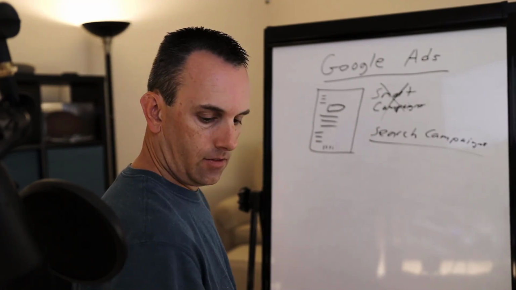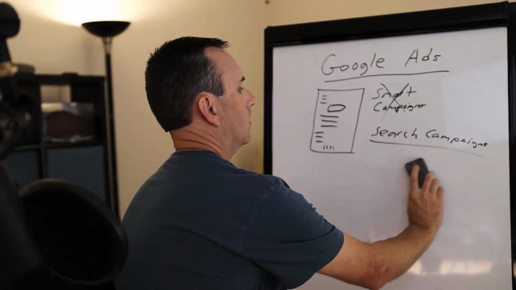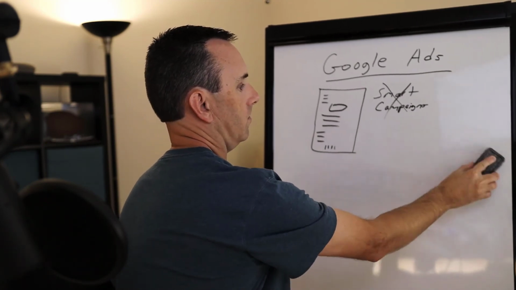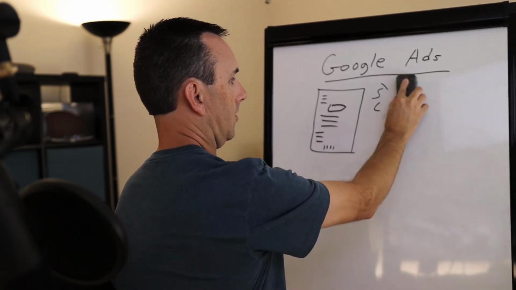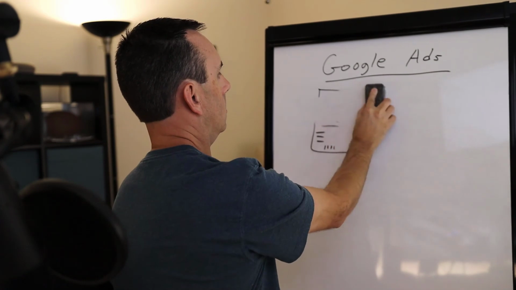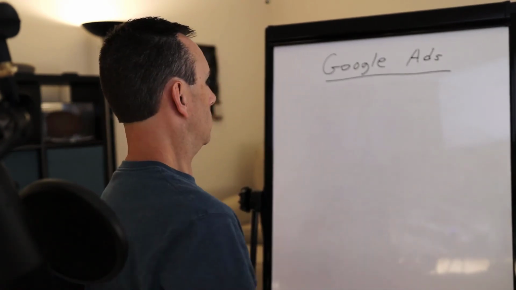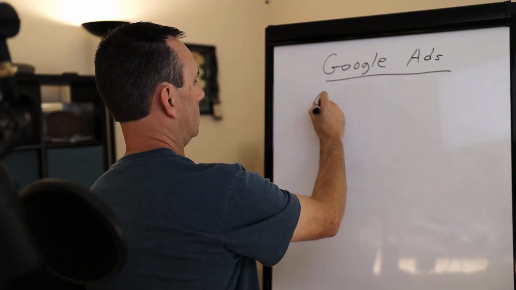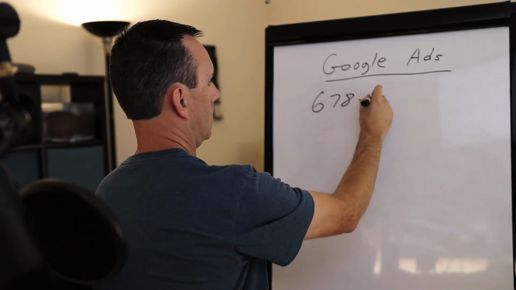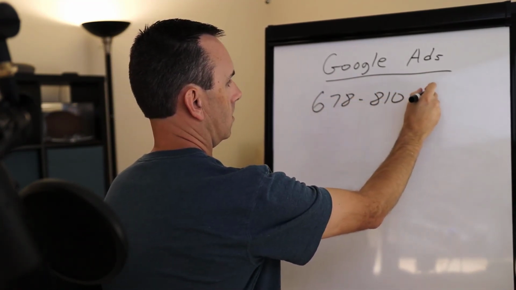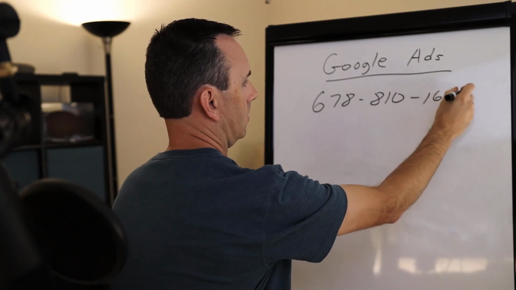So if you have any questions about Google, or if you're not really sure whether your Google account is set up properly, definitely reach out to me. You can give me a ring at 678-810-1683.